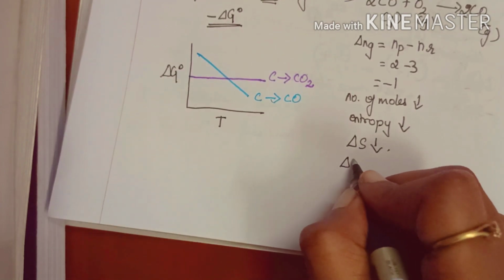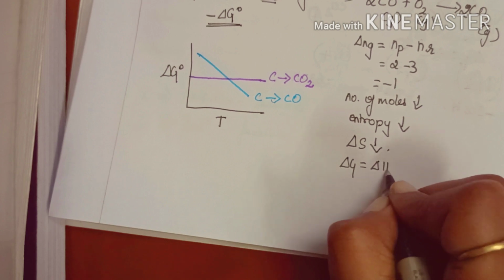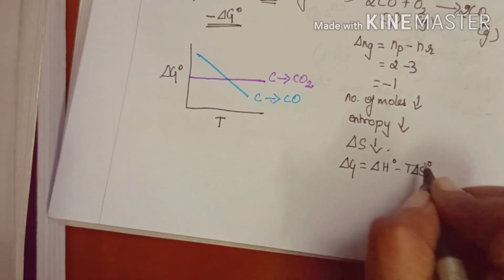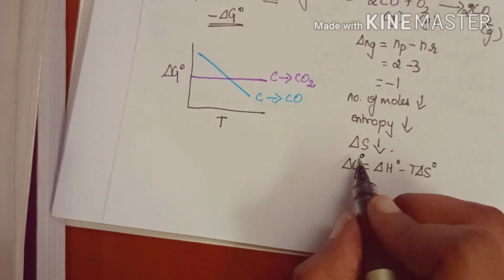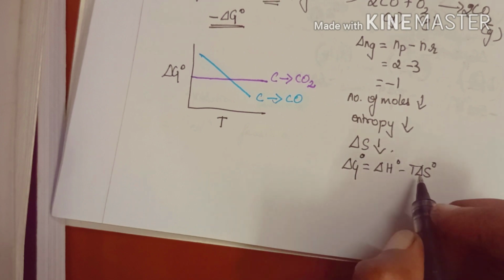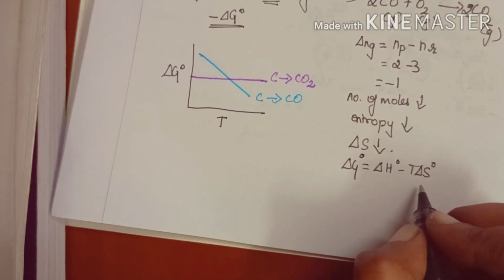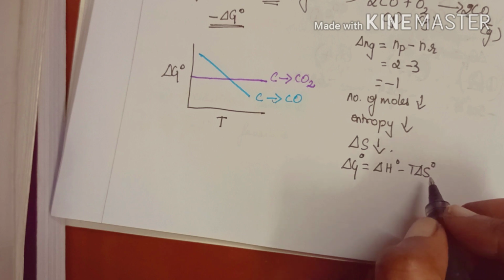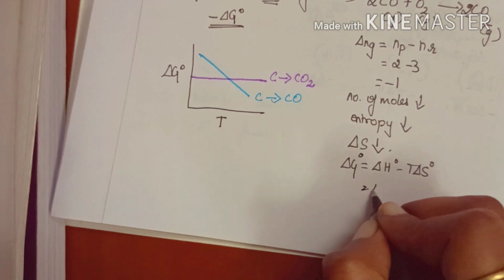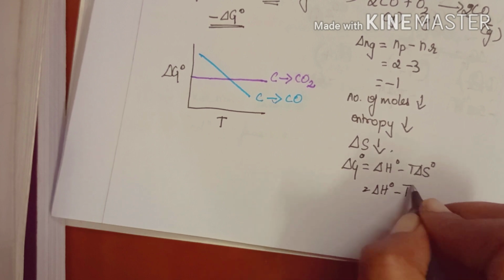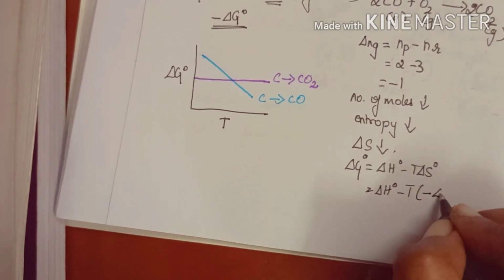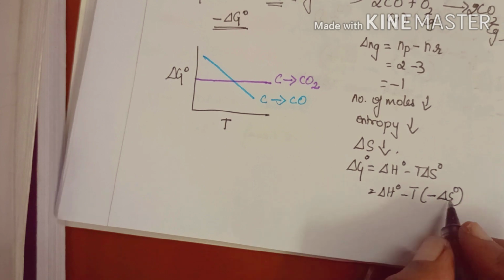So if I go for delta G naught is equal to delta H naught minus T delta S naught. Now if delta S decreases, as temperature increases, the decrease in delta S will be much higher. So here I'll reframe this equation as minus T into minus delta S naught, because it goes on decreasing.